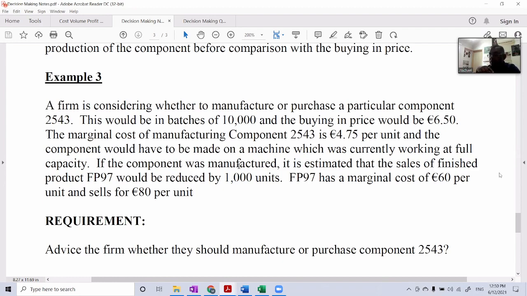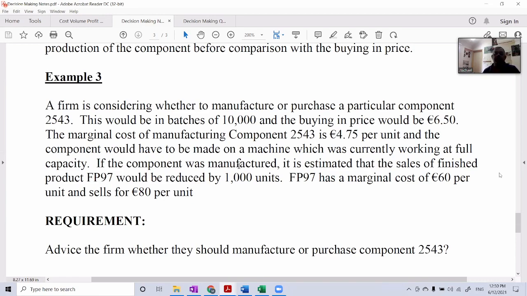That's interesting. If you're going to make the component, you're going to make it in a machine that's already working at full capacity. If the component was manufactured, it is estimated the sales of finished product FP97 will be reduced by 1,000 units. Interesting.